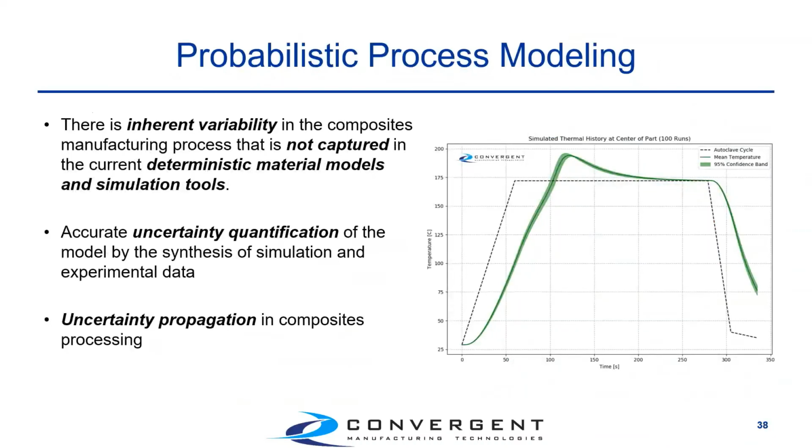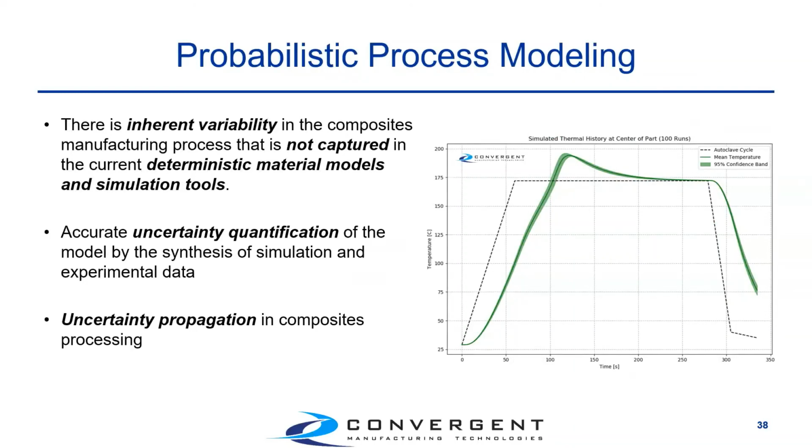And the last one is probabilistic representation. I don't think it's released publicly yet, but it's coming out, it's in the pipeline. The idea here is that there is inherent variability in the material. There are also errors in measurements as you characterize the material.